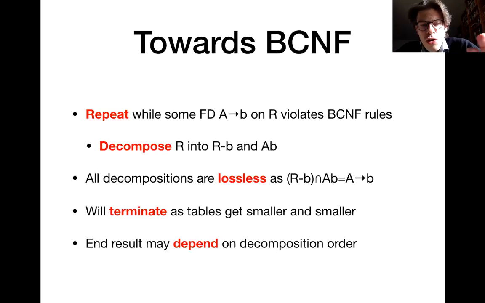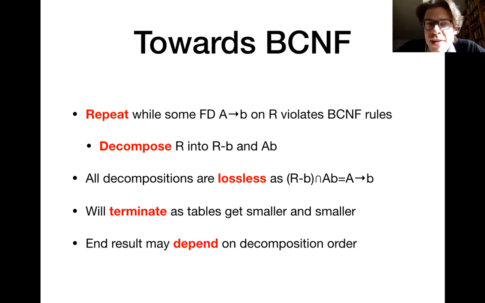And also, since we decompose whenever a functional dependency violates Boyce-Codd normal form, after this decomposition you see that the functional dependency that caused the problem does not apply to any of the decomposed tables anymore. So this decomposition essentially fixes the problem. And once we terminate and do not decompose anymore, we therefore know that we must be in Boyce-Codd normal form. Otherwise, we would continue decomposing.